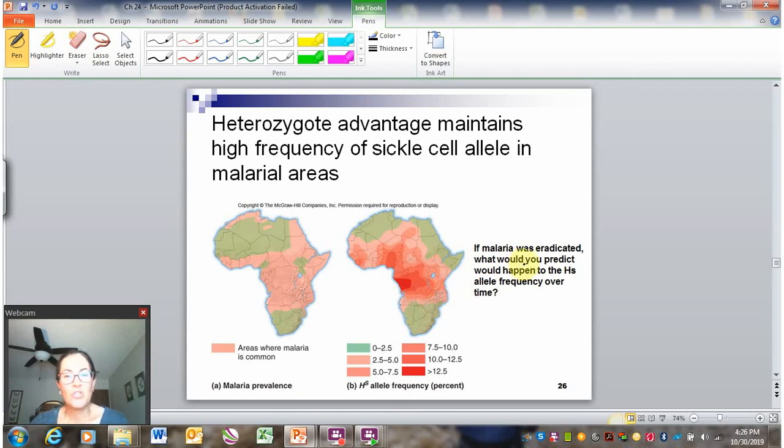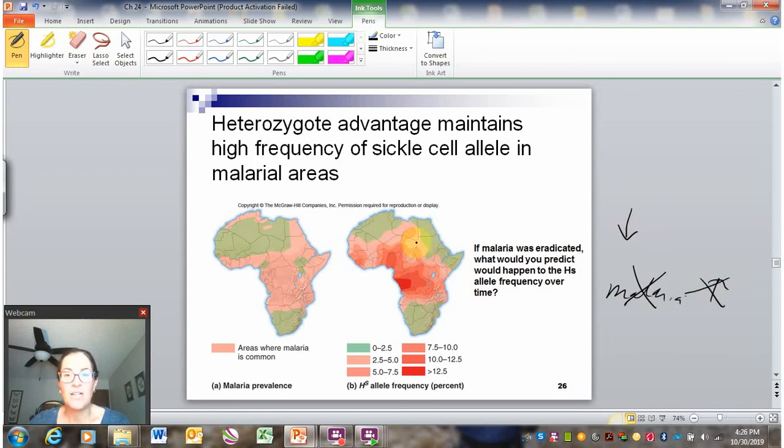So if this is true, if malaria was eradicated at some point in the future, what would happen to the frequency of the sickle cell anemia gene? If that were the case, you have the negative pressure of the disease, and if you no longer had malaria, then you wouldn't be getting that positive pushback.